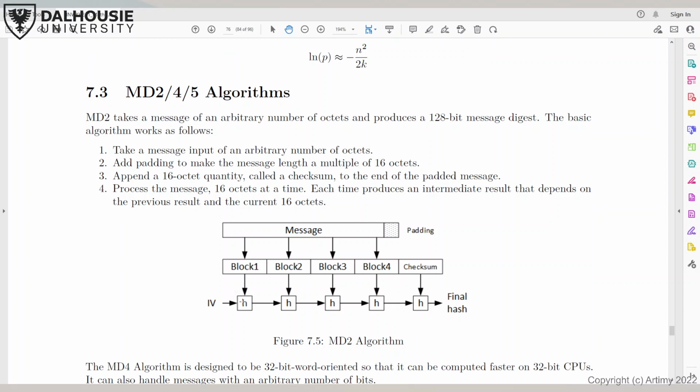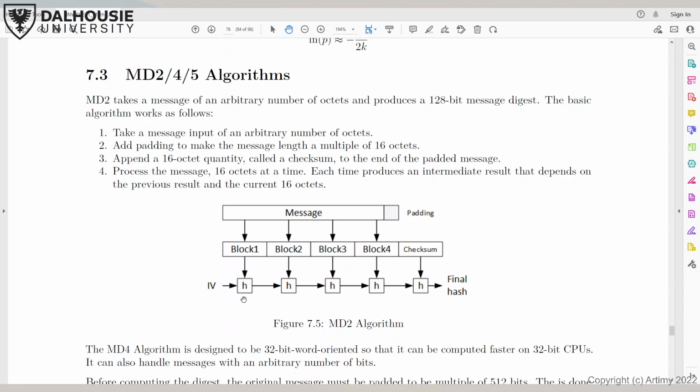The hash function itself, we're not going to worry about that much, but it has multiple iterations, and it takes a block, 128 bits at a time, and an initial vector here, and generates a 128-bit block.